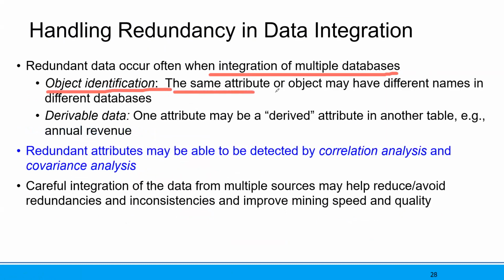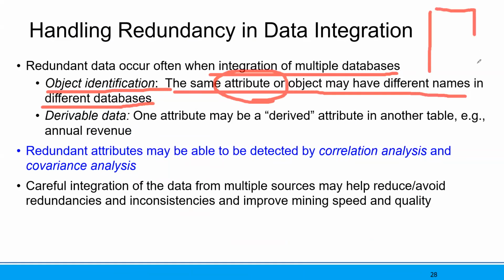The same attribute or object may have different names in different databases. If we have one column, it can have different names in different databases. Like Moon Jae-in, different letters will cause a problem with object identification.